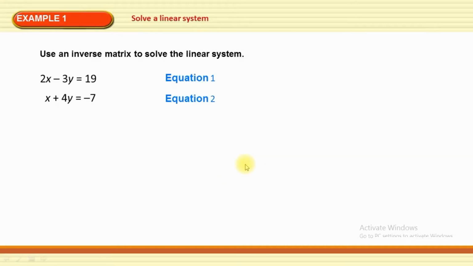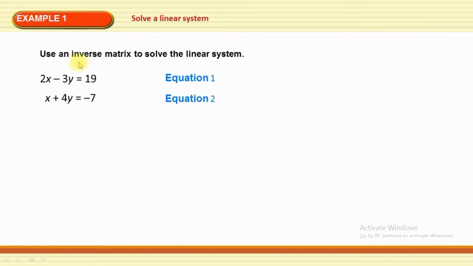Now, for example, we have a system of linear equations: 2x minus 3y is equal to 19, and the second equation is x plus 4y is equal to minus 7.